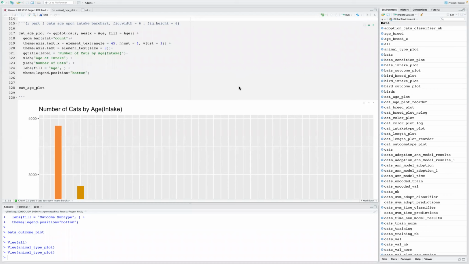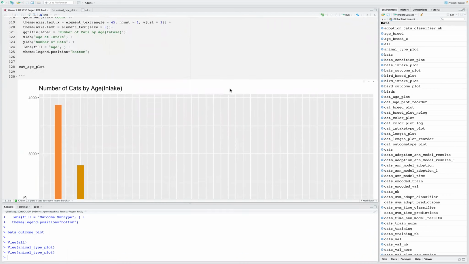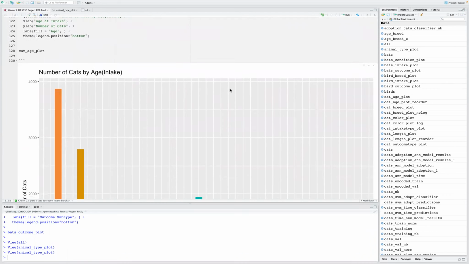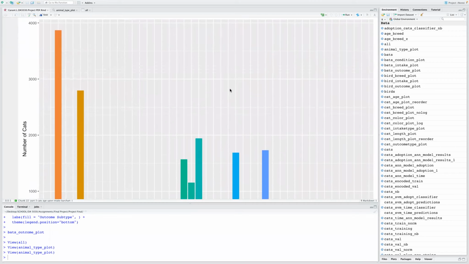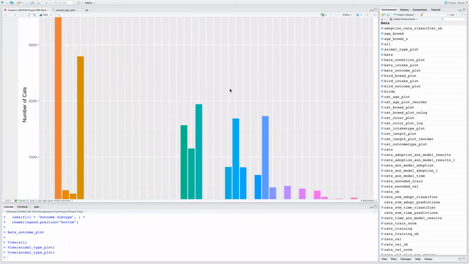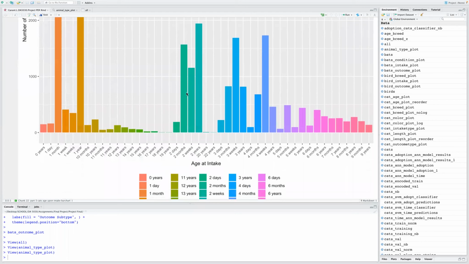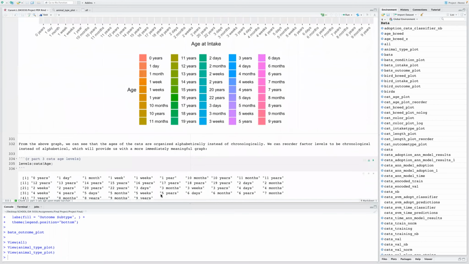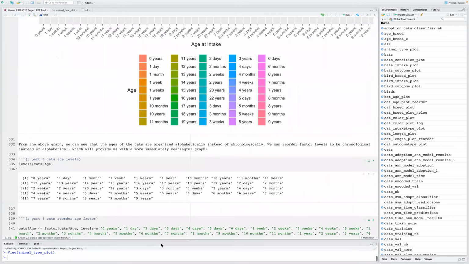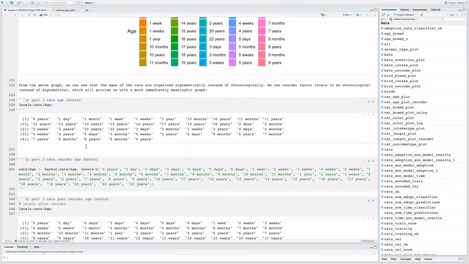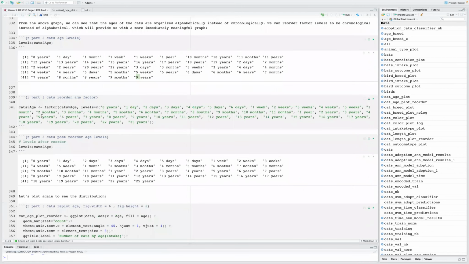For example, one of those types of transformations can be seen here. Here's a bar chart for the number of cats by age when they were taken into the shelter. I then reordered the levels because initially they were in alphabetical order, and so they were not in chronological order.